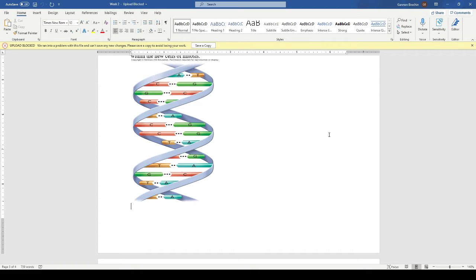So the DNA really is behind the scenes of everything that happens in the body, and it does what it needs to do based on the proteins that it has the codes to make.